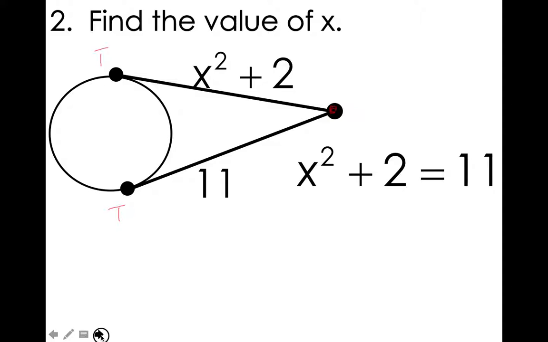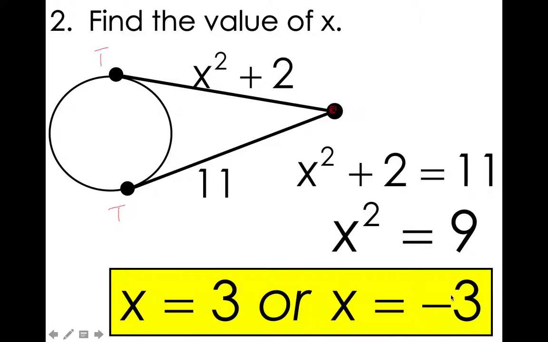Then we'll subtract 2 from both sides and we end up with this. But remember, your goal is to get x by itself. So therefore, what I do is I take the square root of both sides. And now look what we get.